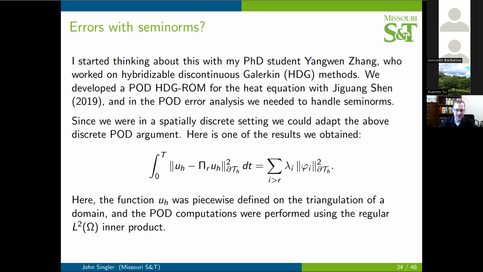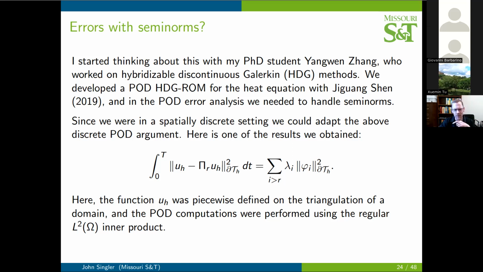we were in a spatially discrete setting, and we could adapt that discrete POD argument. And here's one of the little results we had. So u_h here is your HDG solution, which is piecewise defined on some triangulation of the domain. So it's discontinuous in space. On each element, though, it's a nice polynomial.